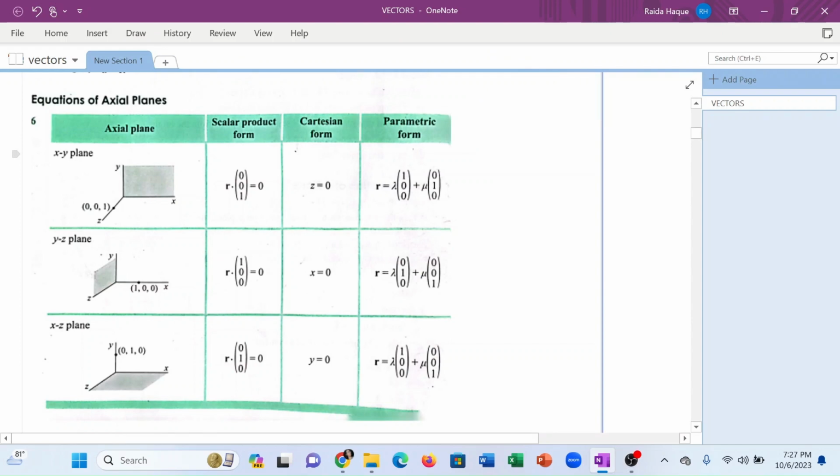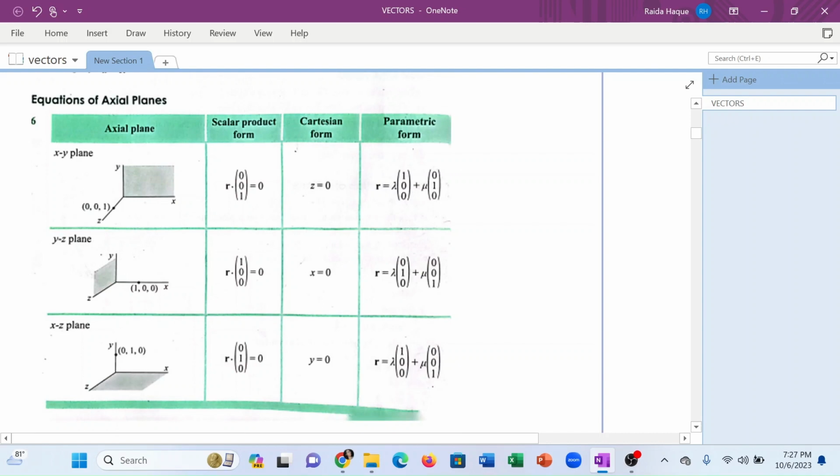It could have not been an axial plane if, let's say, the plane was slanted like this. This one is slanted in a 3D way, right? So it is crossing all three planes. It will cross the y plane, it will cross the z plane, this is the x plane. So an axial plane is one which is lying only on one of those three planes.